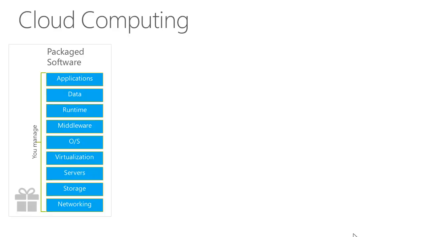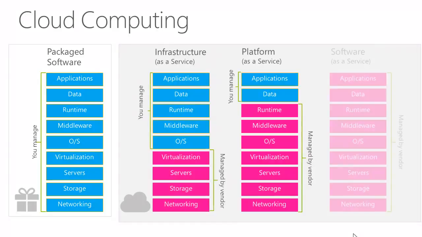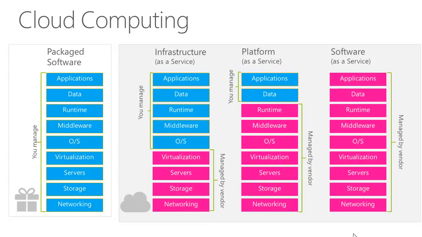But when we are moving towards the cloud, it has three different sections. The first one is infrastructure as a service, whose short form is known as IaaS. The second one is platform as a service, which is known as PaaS, and the last one is software as a service, which is SaaS.